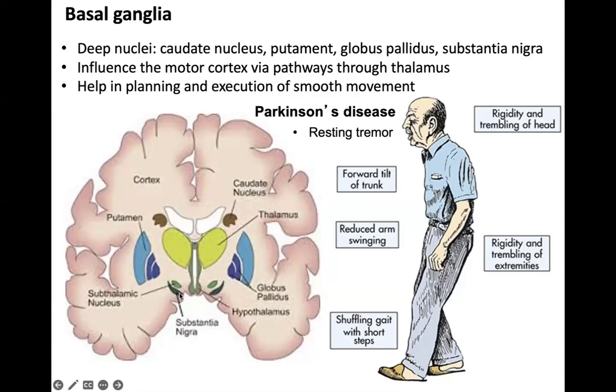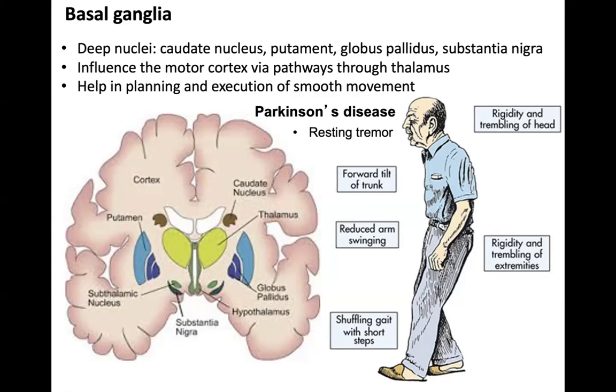Substantia nigra is the region that produces dopamine, and it sends dopamine to other areas in the basal ganglia. And the basal ganglia control the planning of movement.